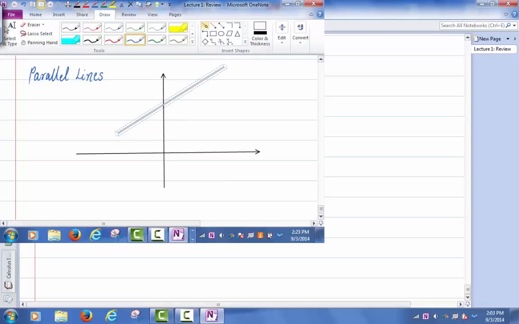Very good. So let's say this one is line 1, this one is line 2, this one has slope m1, this one has slope m2, then what we know is that the slopes are the same. Everybody's okay? So two parallel lines will have the same slope.